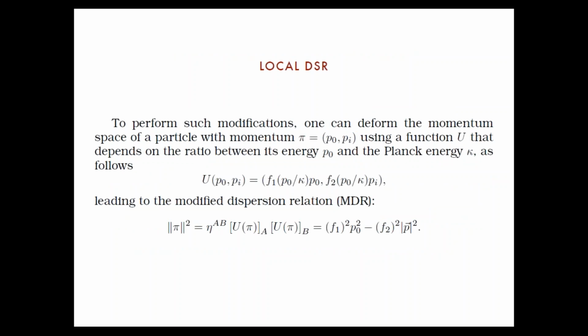For example, in their case, it is considered this U map, for example, that transforms the momenta like that, and then the modified dispersion relation is calculated like this, with this standard metric.